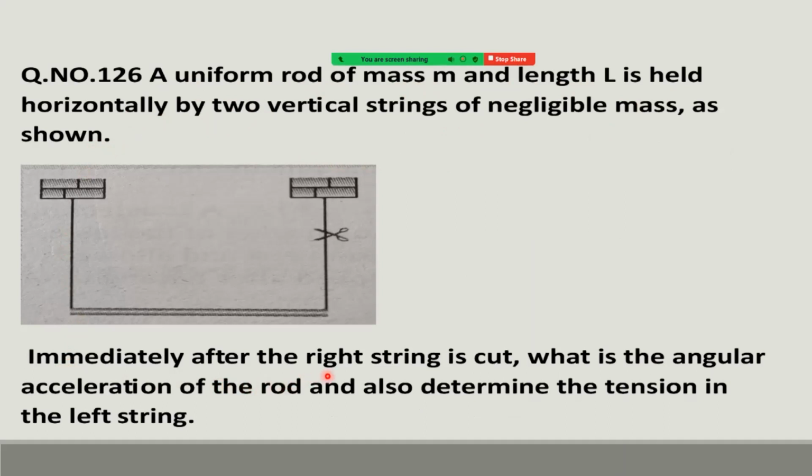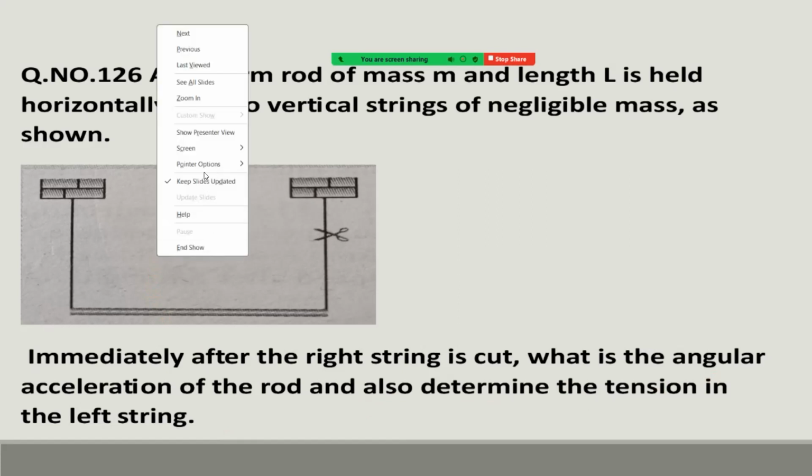Immediately after the right string is cut, what is the angular acceleration of the rod, and also determine the tension in the left string. So we have to find the angular acceleration of the rod and also the tension in the left string. Let us see.